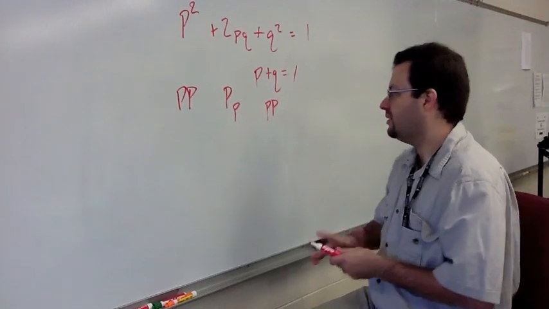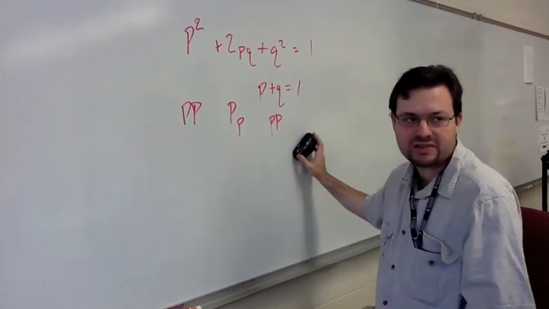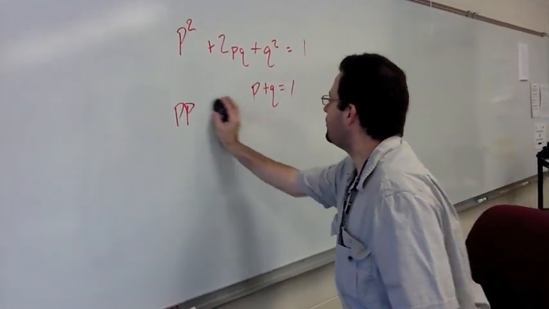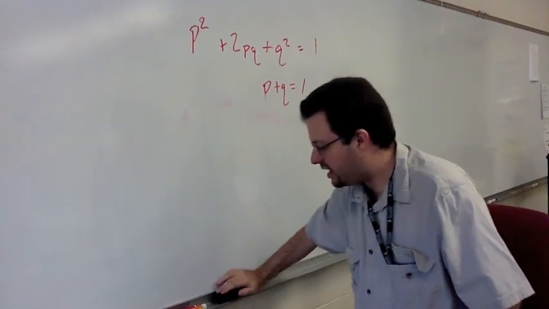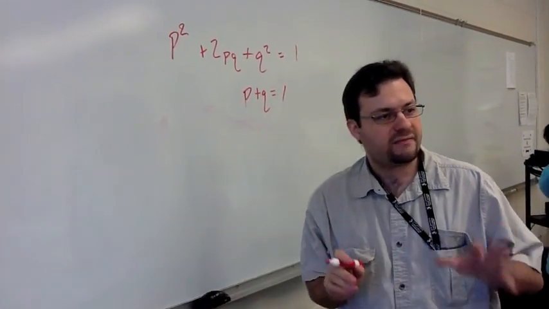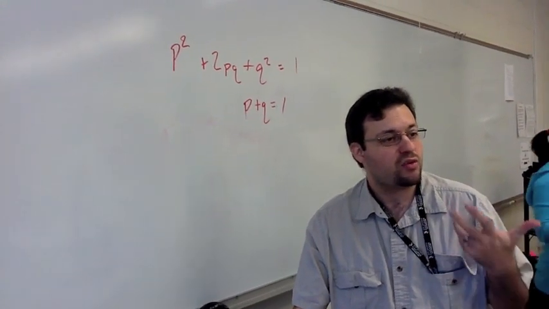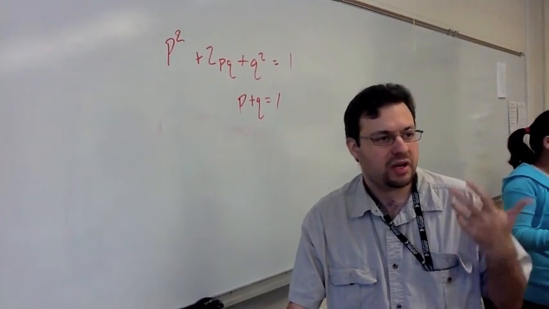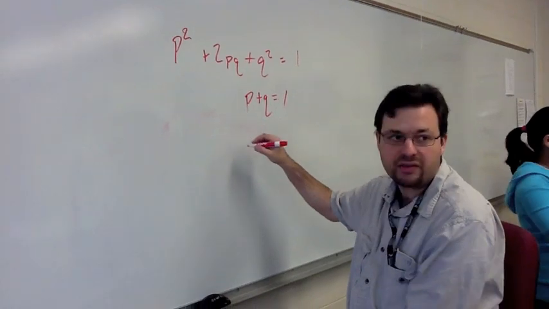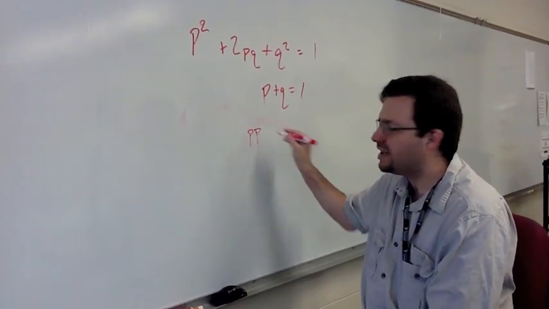Keep those in your head for this. The easiest thing to find whenever you're doing population studies is the recessive genes, because you know it's just on the phenotype, little p, little p.